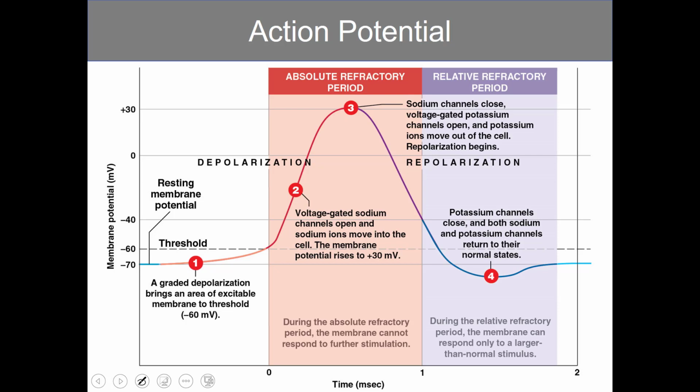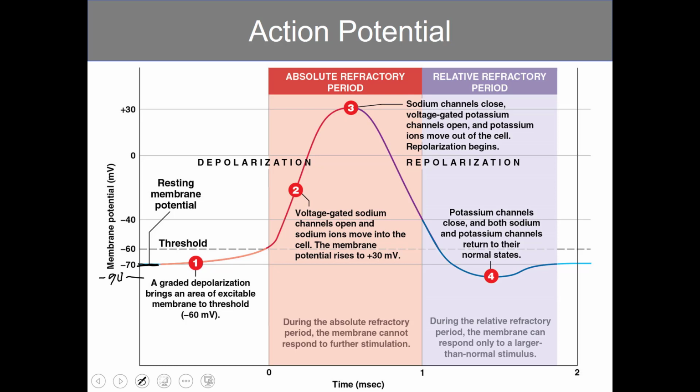So let's look at this whole process in a different format. We recognize the scale here on the y-axis. I'll add negative 90 here. Negative 90, negative 60, 0, and then positive 30. And we start with the resting membrane potential right here, sitting at negative 70 millivolts.